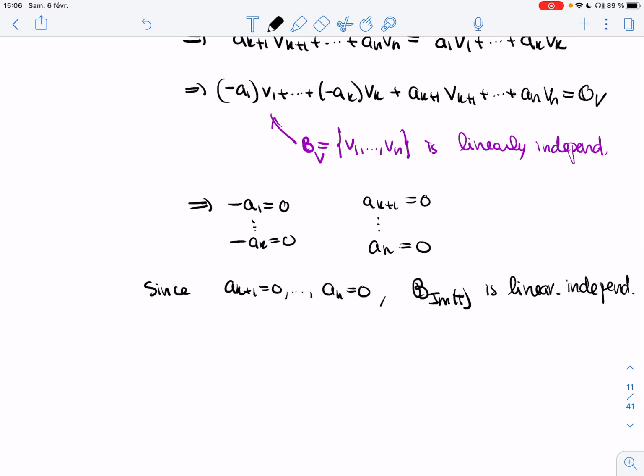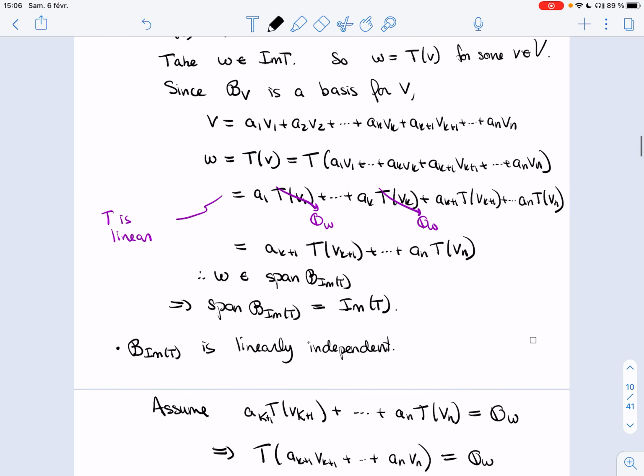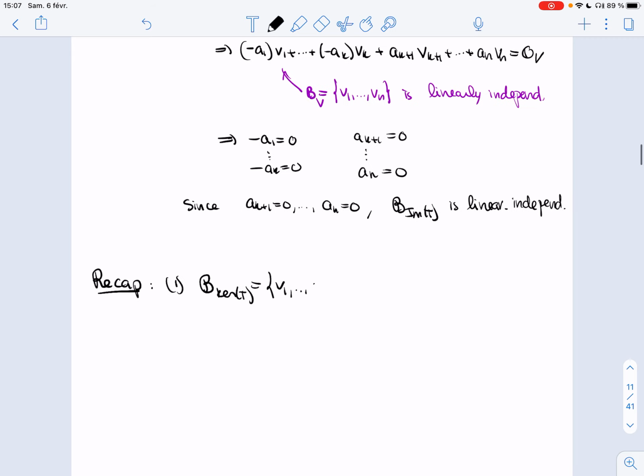All right, well, let's recap. I'm sure you lost track. What did we do? We have, first of all, the basis for the kernel was v1 through vk, and so that means that the nullity of T is the dimension of the kernel, so it's the number of elements there, so that's k.